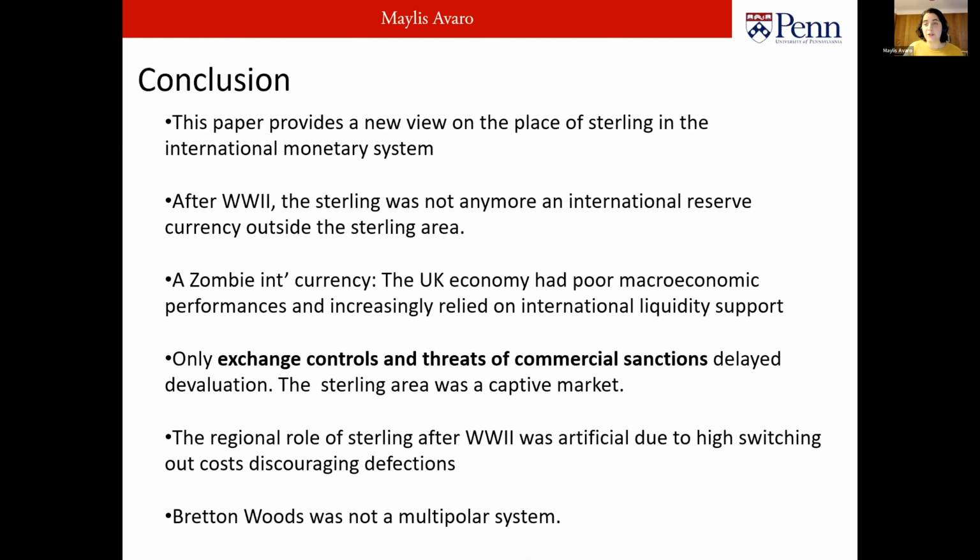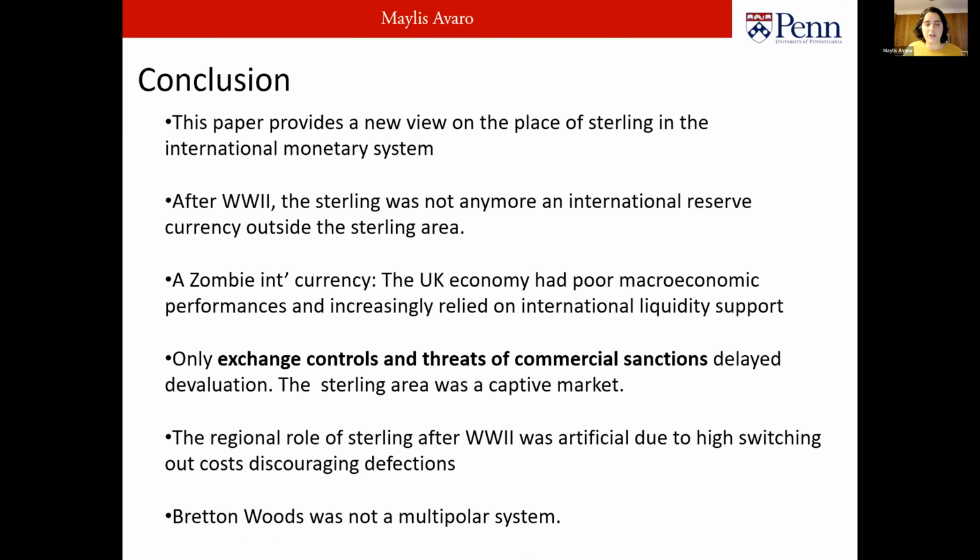And actually we should think of sterling as a zombie international currency because the UK had poor macroeconomic fundamentals and increasingly relied on international liquidity to face a confidence crisis, and only exchange control and threats of commercial sanctions delayed a devaluation of sterling. So we should think of the sterling area not as a free monetary union, but as a captive market.